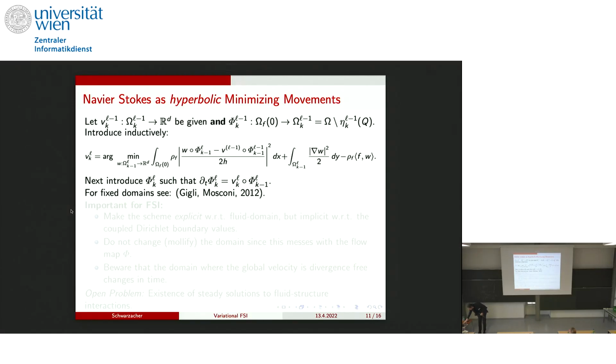This is how it looks in the end. You do this change of variables, and then you get what we call the infinitesimal Lagrangian difference quotient. And this has the same structure as the inertia term for the solid.